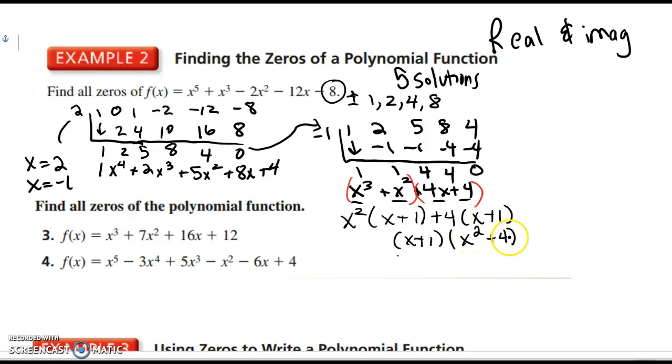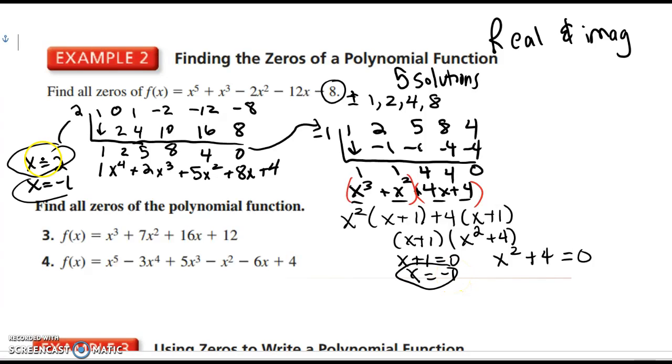Each of these factors I'm now going to set equal to 0 to find my other solutions. So when I do x plus 1 equals 0, I just subtract 1 and I get another -1 as a solution. So now I have 2, -1, and another -1.